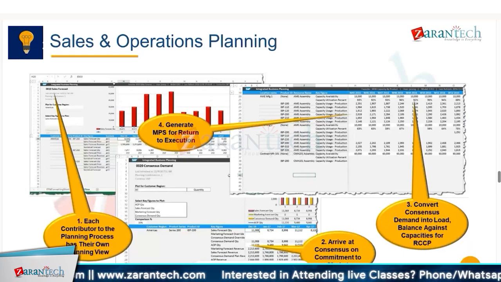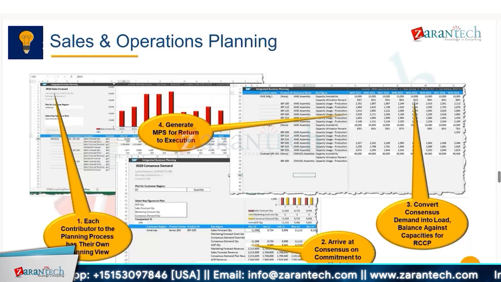So in the initial stage, each contributor to the planning process has their own planning view. Basically each planner defines how they want to see the tool. When we get into the tool, we will check how to design it so that you can get into the tool faster and see what exactly is of your interest.